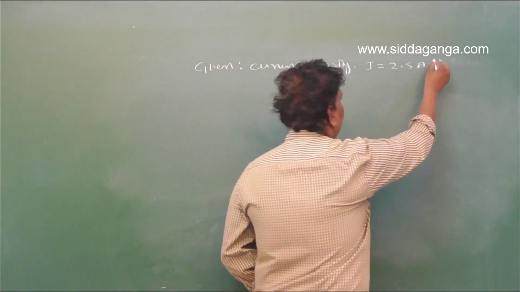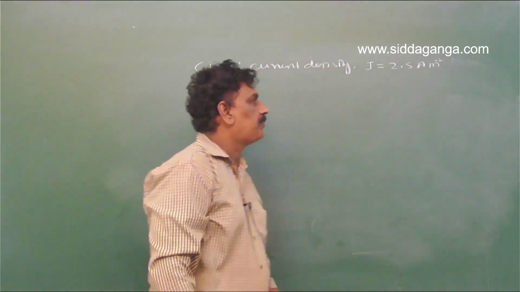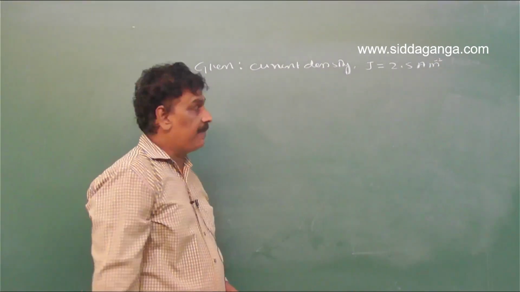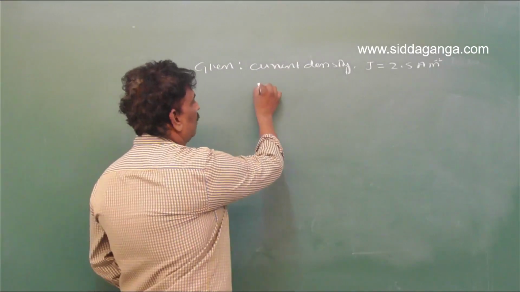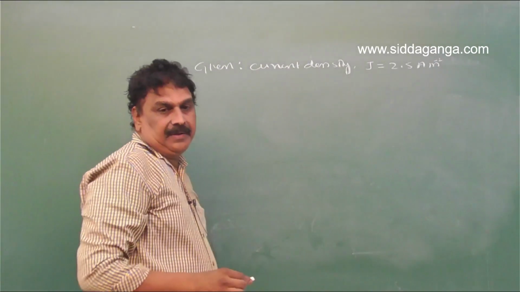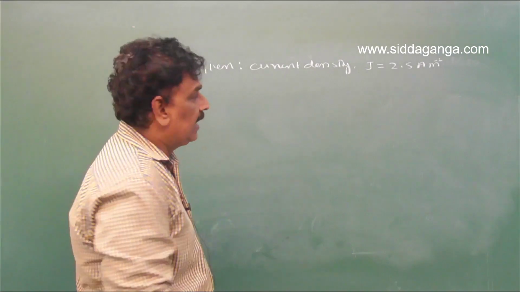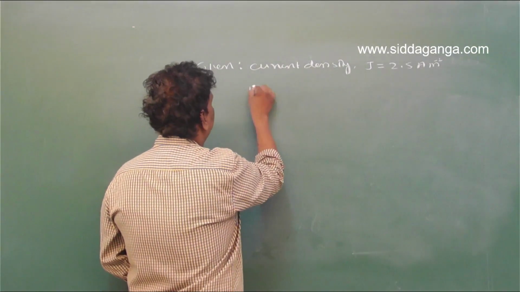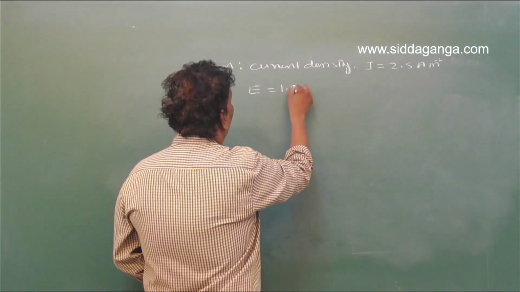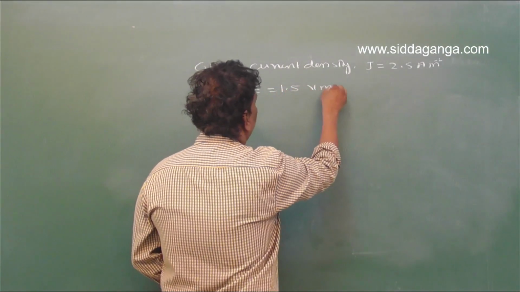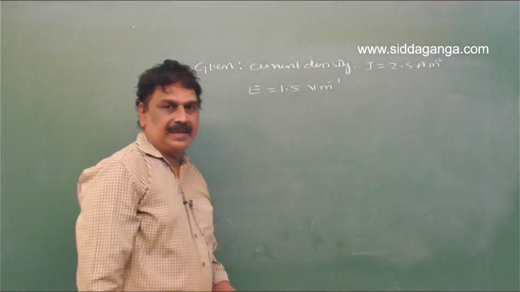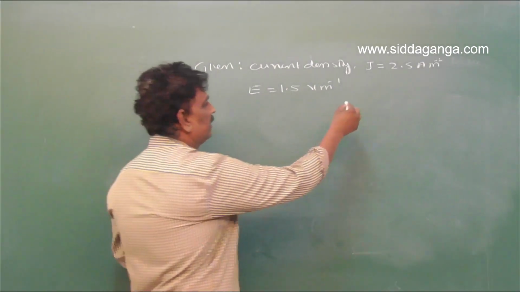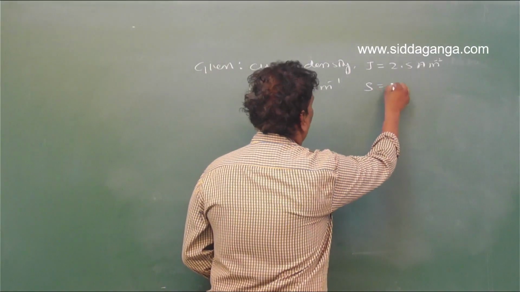This is ampere per meter square, I by A. The current density is 2.5 amp per meter square when the electric field applied is 1.5 volt per meter. We need to find the resistivity of the wire.